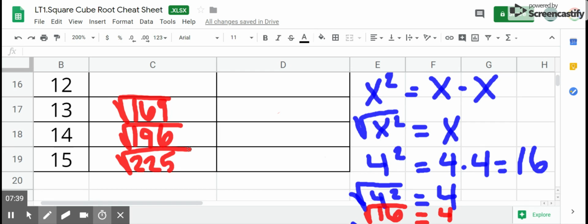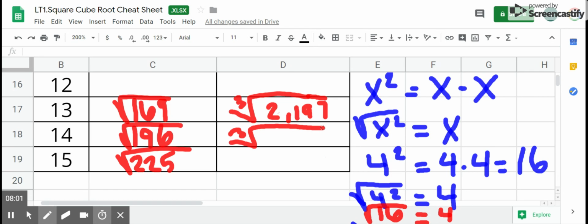Now we just have to take the cubed roots of something to get 13. In order to do so, we're going to do 13 times 13 is 169 times another 13, and we get 2,197. Next, we have the cubed root of what gives me 14.